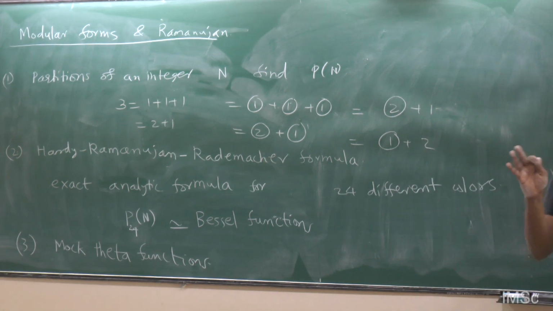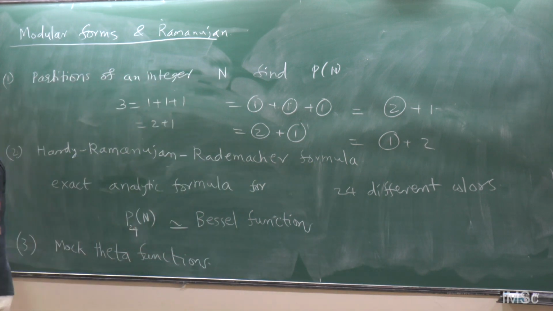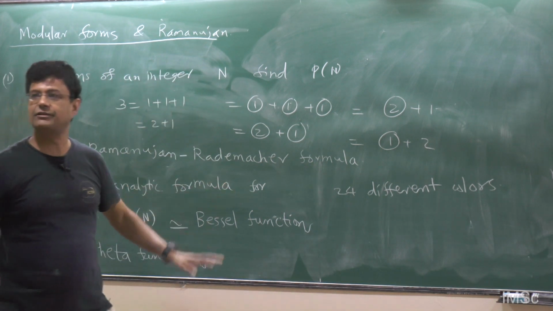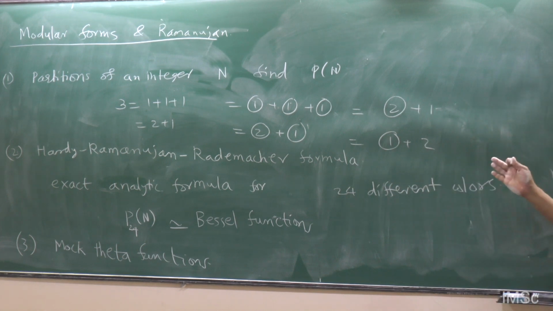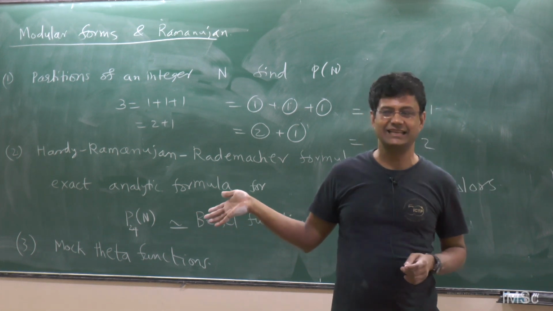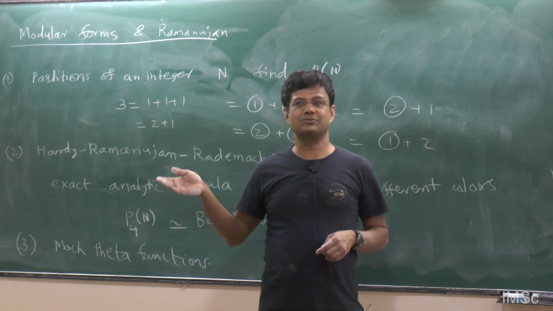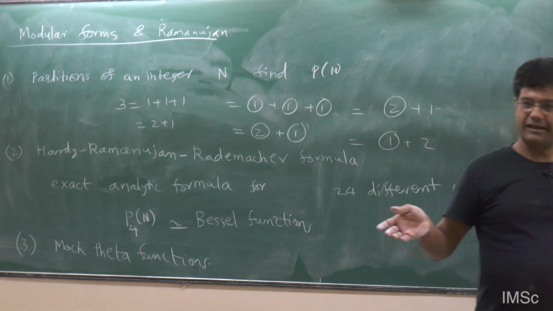And there is an analogous problem for modular forms, what he called mock theta functions, and in modern language we call them mock modular forms. So he gave these functions which had almost all the properties of modular forms, but were not quite modular. And understanding that took almost 100 years, and it's only very recently, in the work of Zwegers, who was a student of Don Zagier with whom I collaborated, that this problem was finally solved.